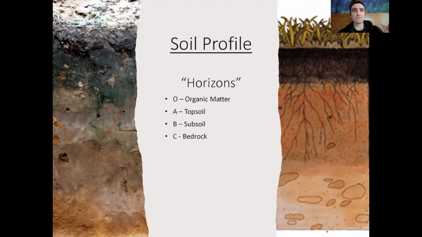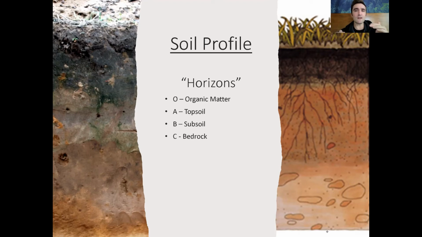At the top layer, we call that the O horizon, and O in this case stands for organic matter. The O is the wood chips, the mulch, the roots of the plants, the dead plant material that builds up on the surface. It's not even really soil as far as we're concerned.